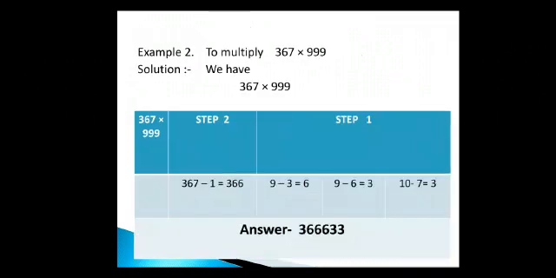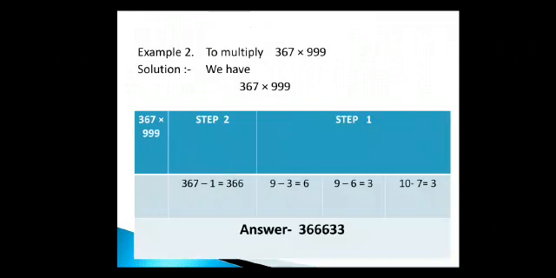Example second. Now we have to multiply 367 into 999. So the step first, we subtract 7 from 10. So 10 minus 7 is 3, and 6 is subtracted from 9.